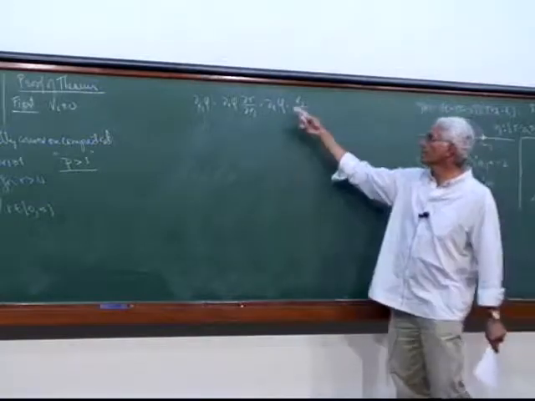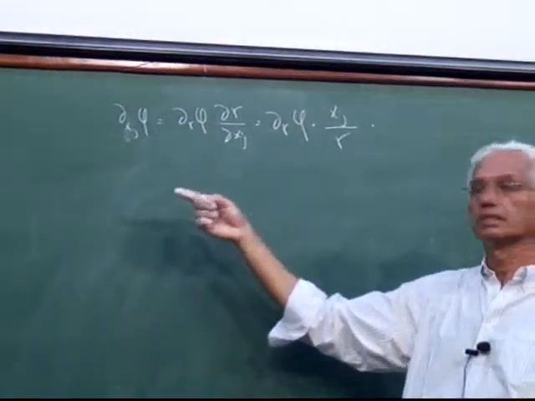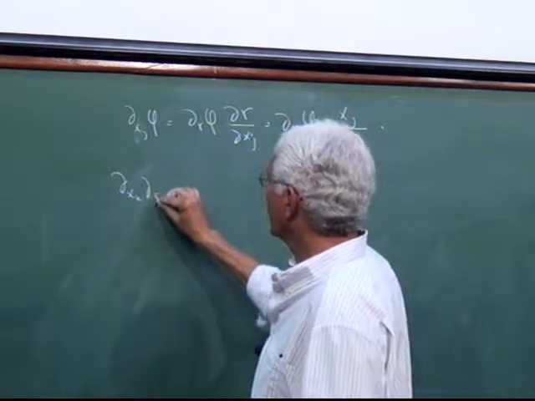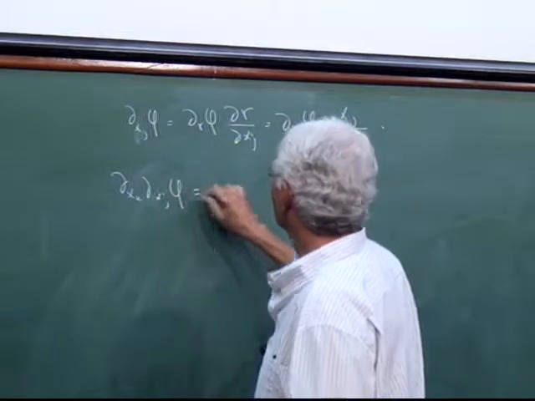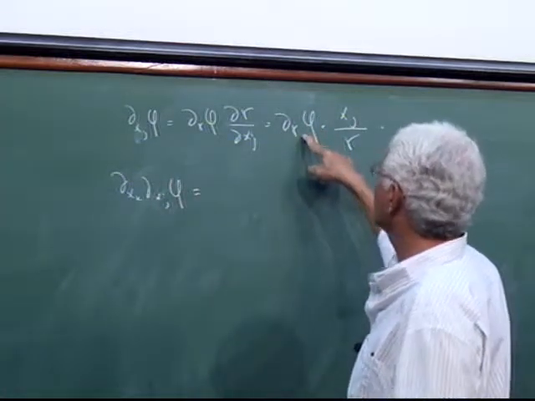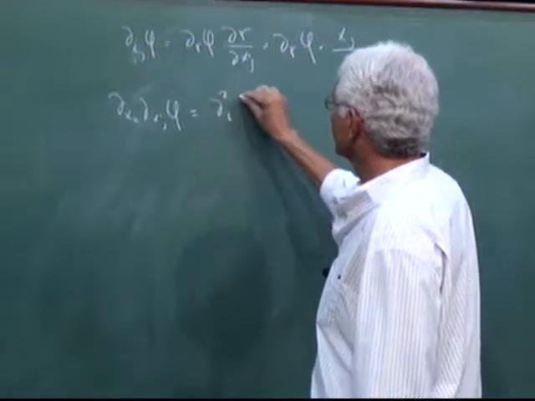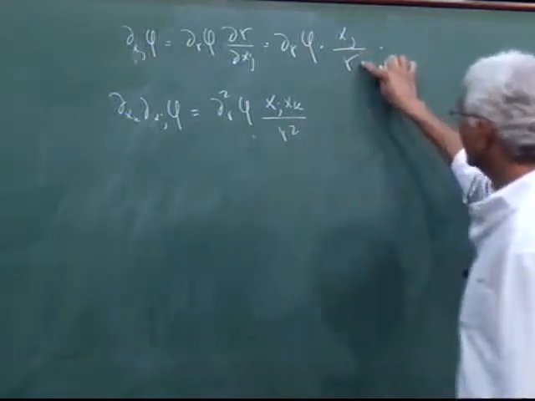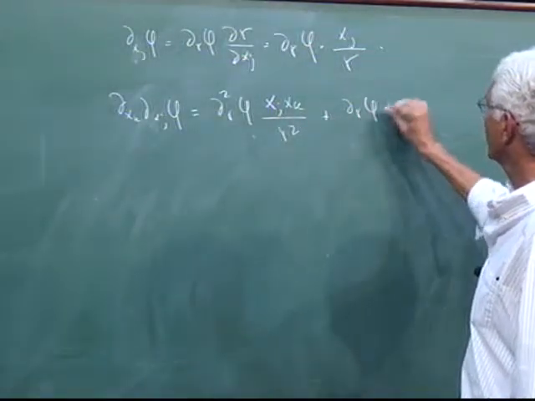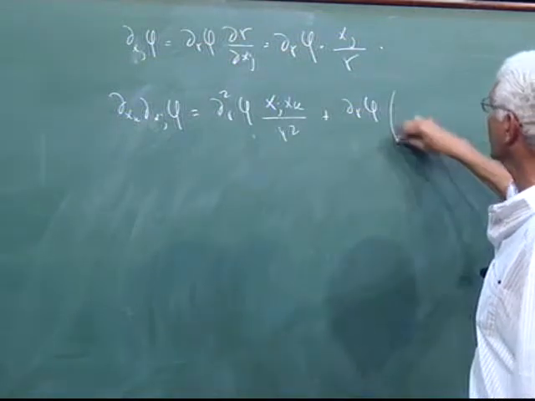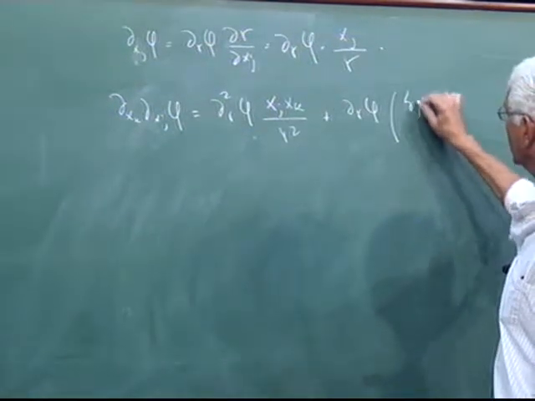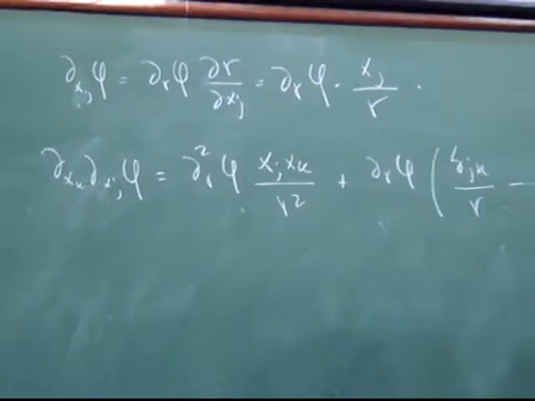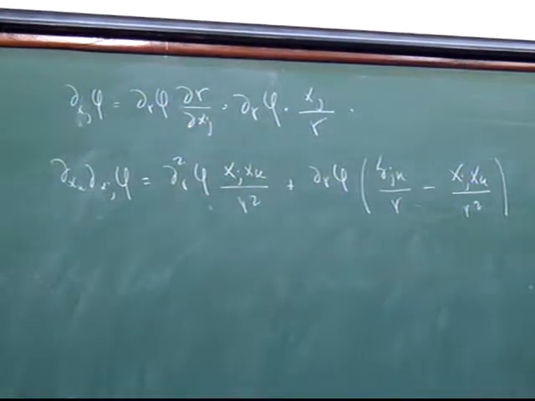And now you take another derivative, and you're going to have two pieces. This is when you take the first derivative. And now I take x sub k, x sub j over r. Then you're going to have this. When the derivative hits here, you're going to repeat your business. And when the derivative hits here, you're going to have the derivative of phi, with respect to k, and then you're going to have some delta jk over r, and then the derivative of this one is going to give you xk over r squared. Something like that, right?